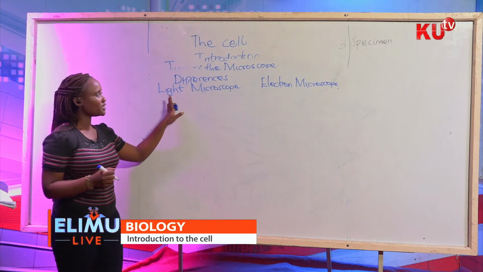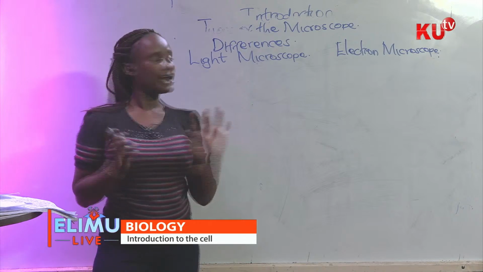So what is the difference between a light microscope and an electron microscope?